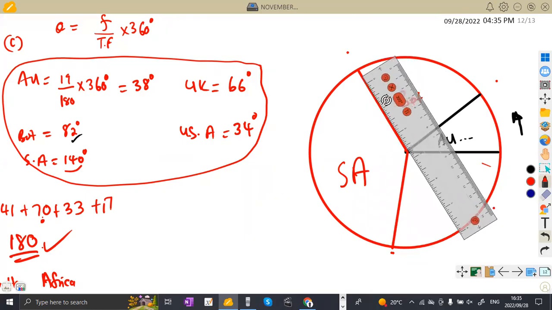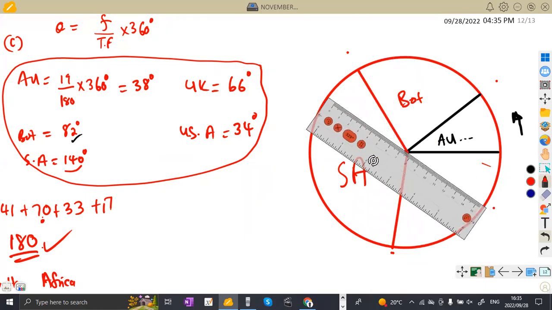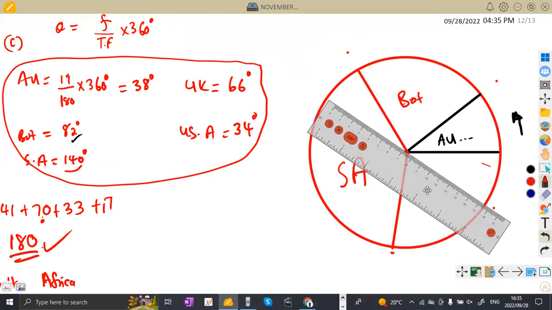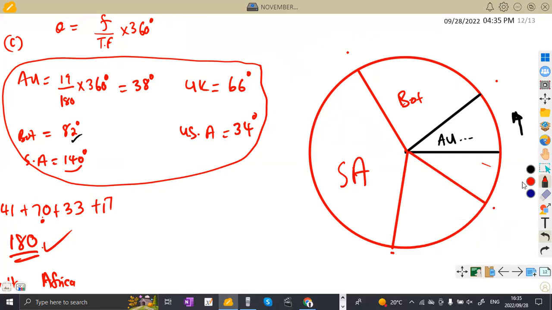But inside the circle, you are supposed to meet at the circle there. All right, so this is how it is going to look like. You can join from the circle to the point, which is the center, like that. So by doing this, we now have our UK.